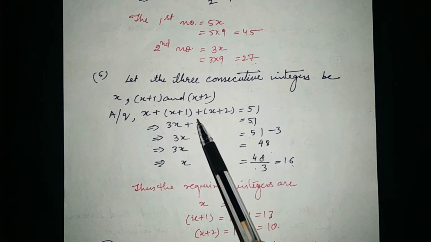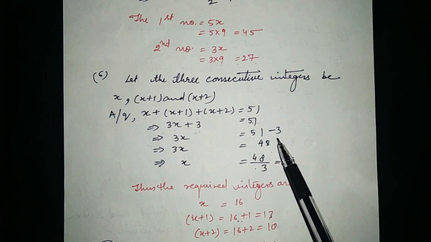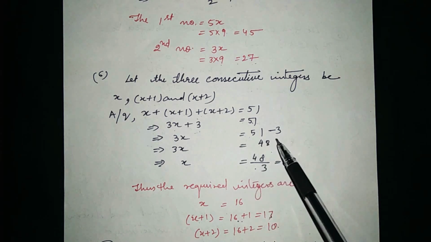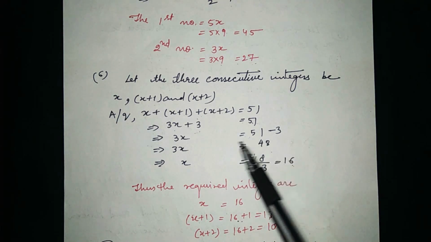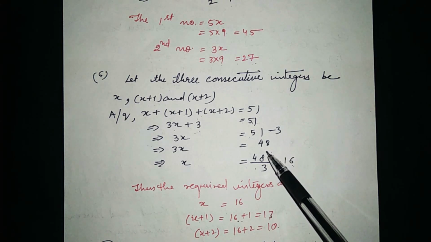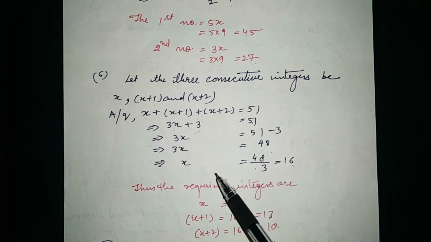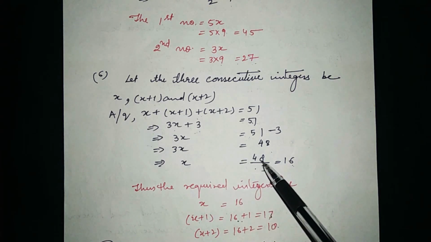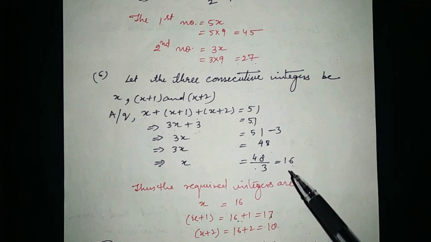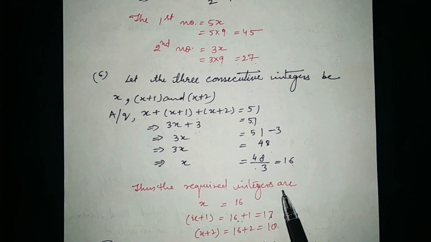Now plus 3 we will transpose to the right hand side. Plus 3 will become minus 3, and 3x is equal to 51 minus 3, what? 48. And here x is equal to 48 upon 3 is equal to 16. Thus the required integers are here.